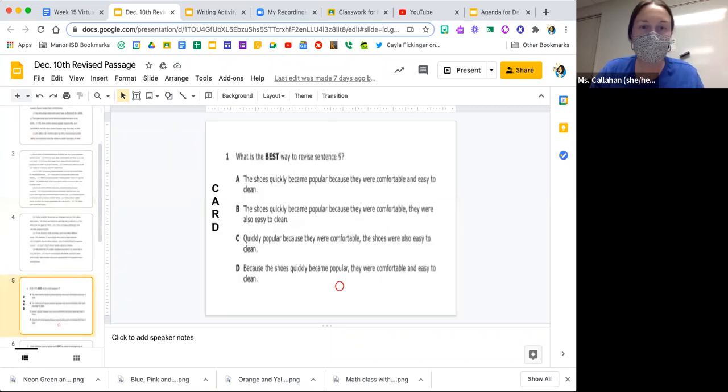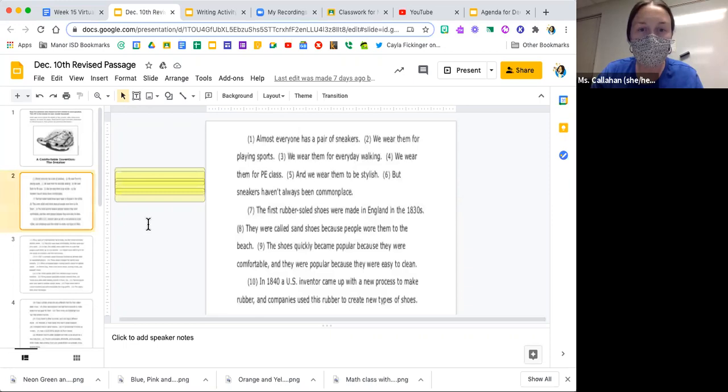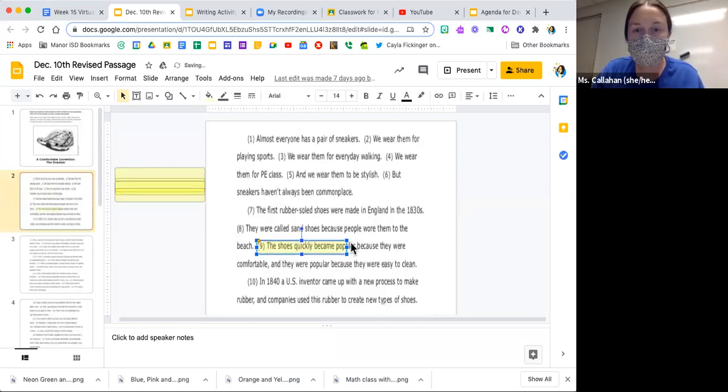And what you're going to do is when you get to the questions, for question 1, it says, what is the best way to revise sentence 9? I want you to go to sentence 9, take the highlighter strip and highlight all of sentence 9.